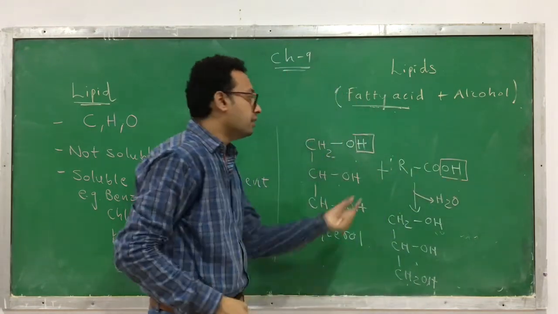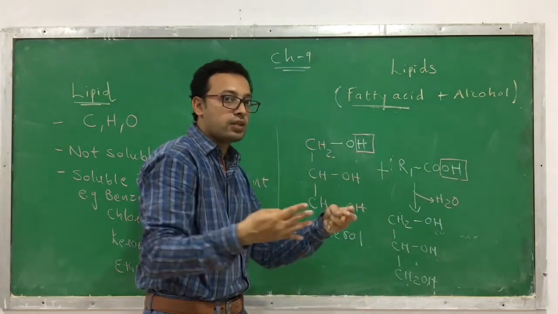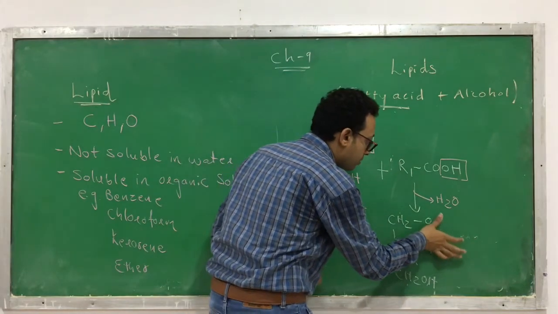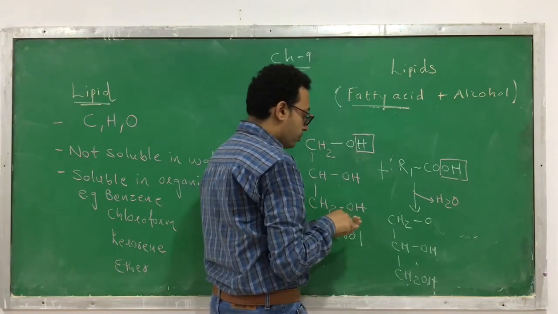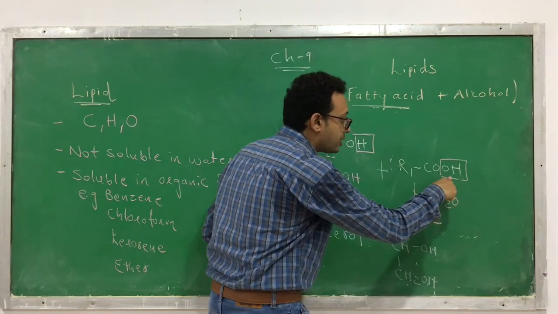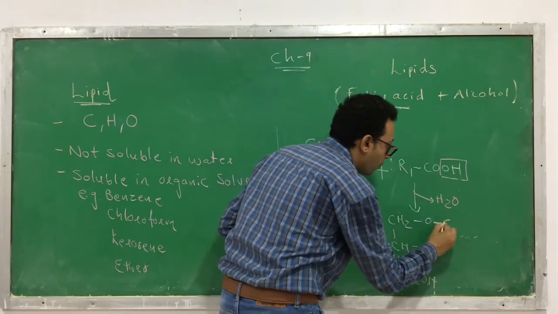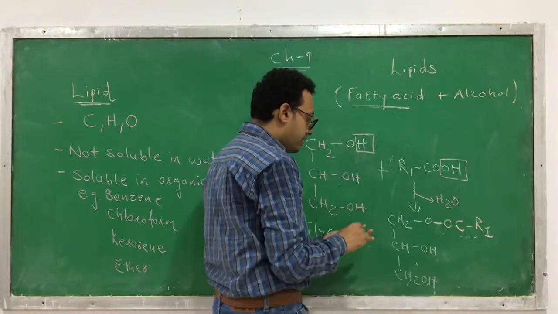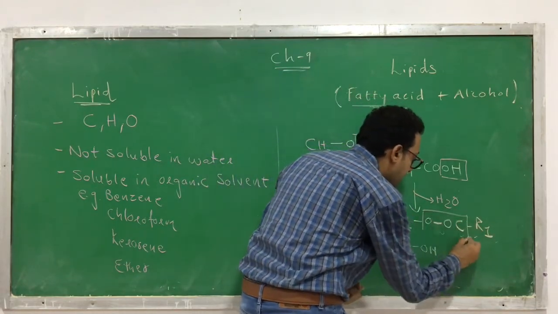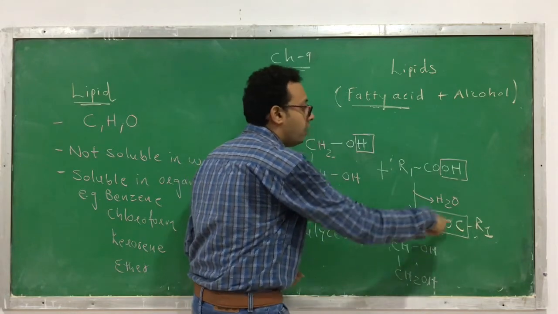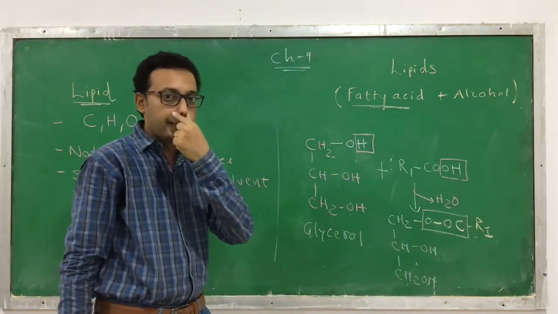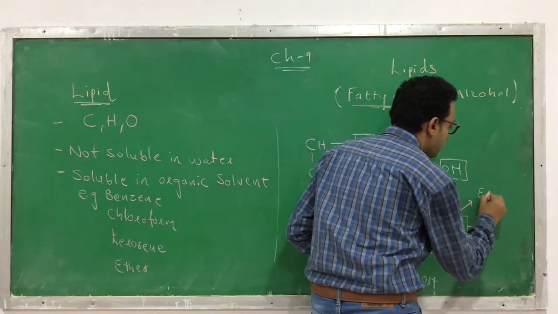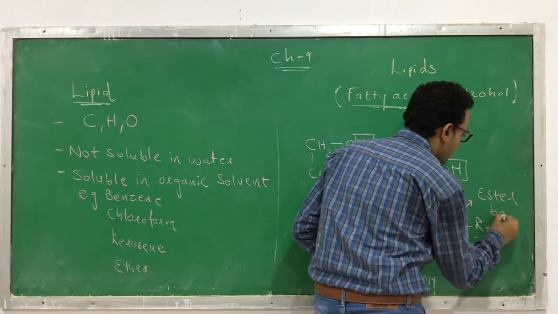This is the component that is going to be removed, and the other portions are joined. So this H is removed, and this OH is also removed. So what is formed? OCR1. So here there is a formation of a bond, COOR1. Clear? This is called an ester bond. Which bond is it called? It's called an ester bond.